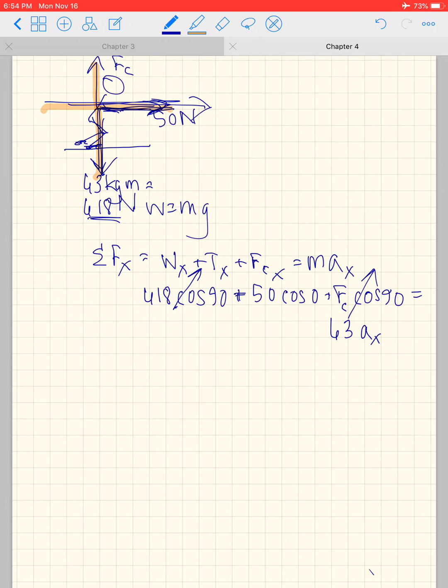Now let's go ahead and add these up. I've got 50, this is gone, I've got 50 cosine 0, which is 50, and I've got m a sub x. So my x component is equal to 0.794 meters per second squared.